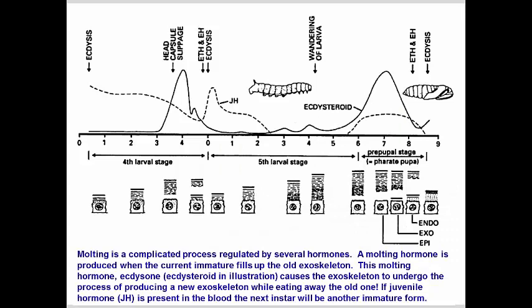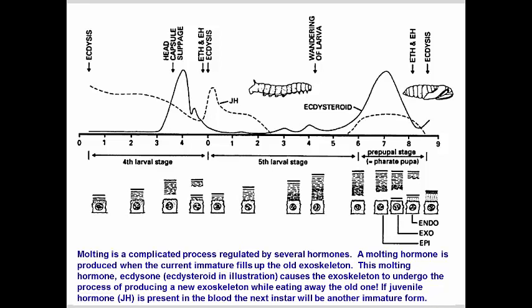Growth, molting, and development of insects is a complicated physiological process that is regulated by several hormones. The most commonly discussed hormones are the molting hormone, ecdysone, and juvenile hormone. In this illustration of the hormone levels found in a developing and molting caterpillar, JH means juvenile hormone, and the ecdysteroid is the ecdysone.